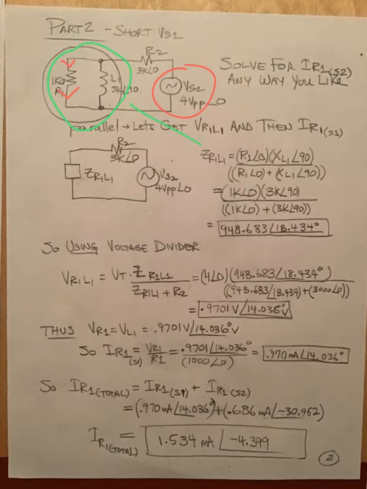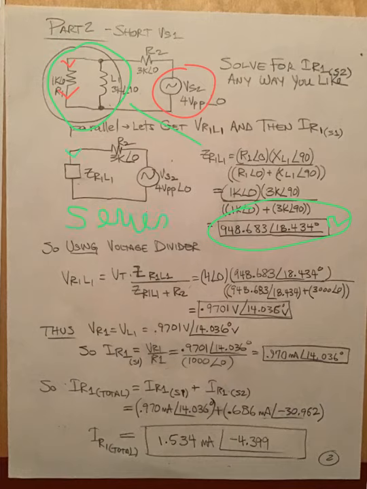There are only two components, so I go product over sum, and I come up with 948 some odd ohms. I didn't put the units in there. You might want to add that in as part of your calculation. And as soon as you crunch that down, you're back to a series circuit.